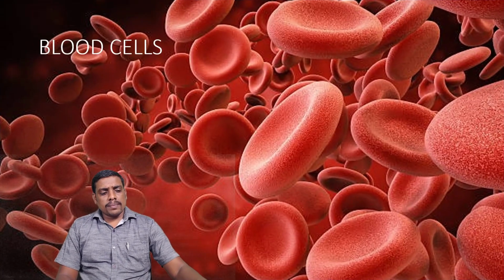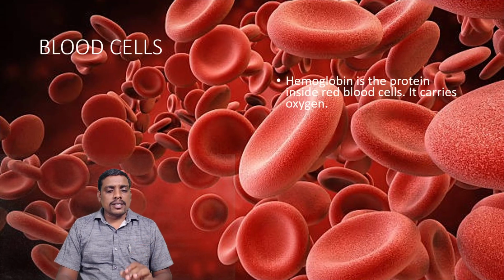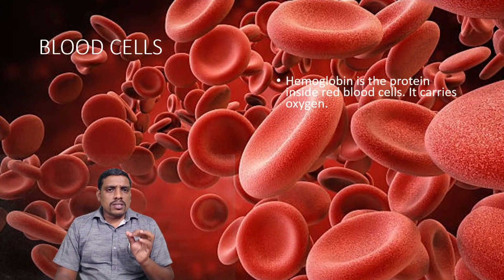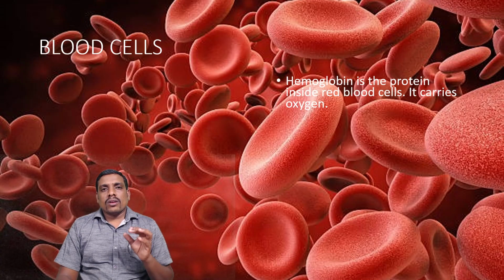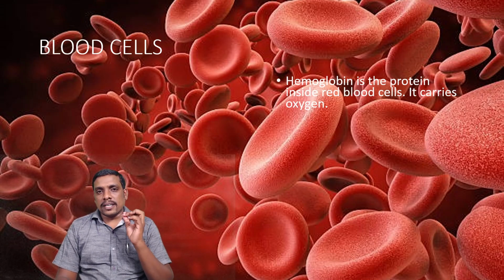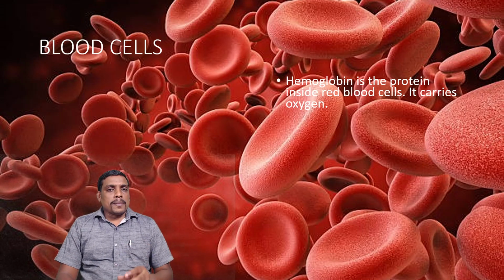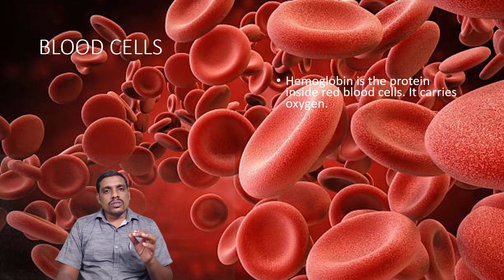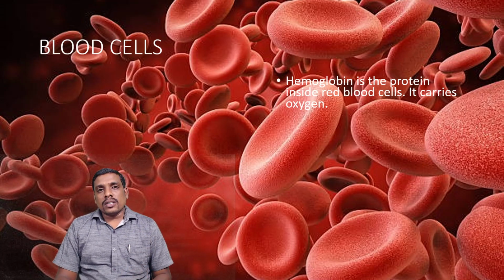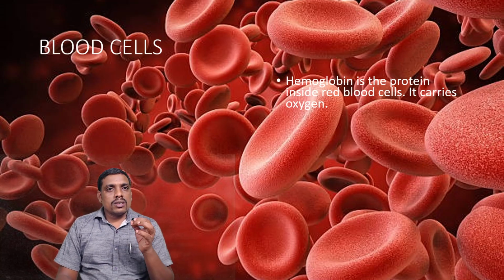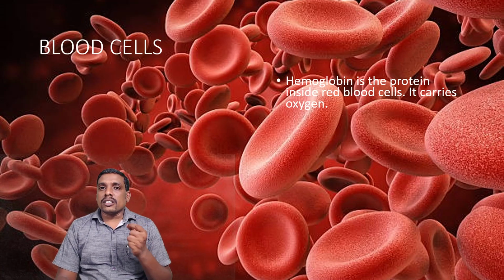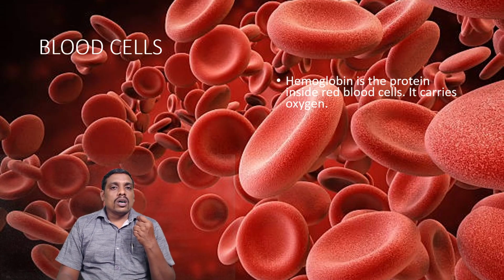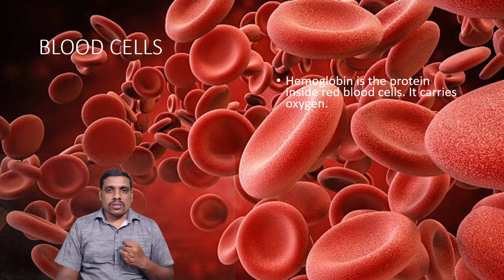Now, if you see the blood cells present in our body, the first type is red blood cells. Red blood cells contain hemoglobin. Hemoglobin is an amphoteric solution, which means it is able to carry carbon dioxide and also able to carry oxygen.